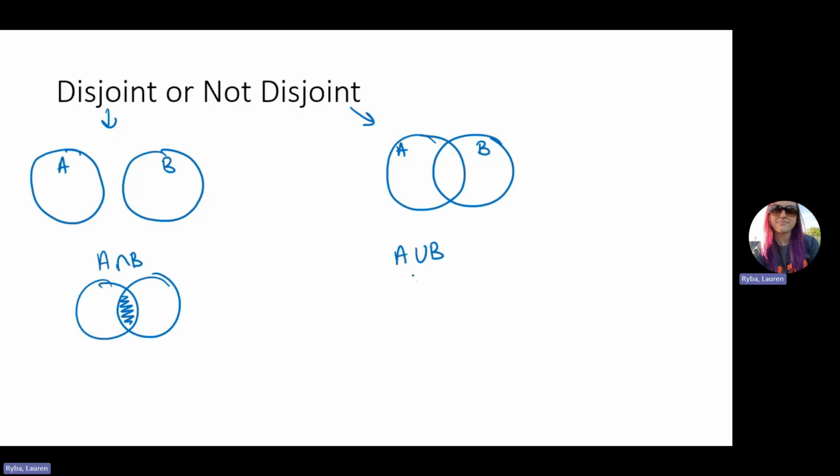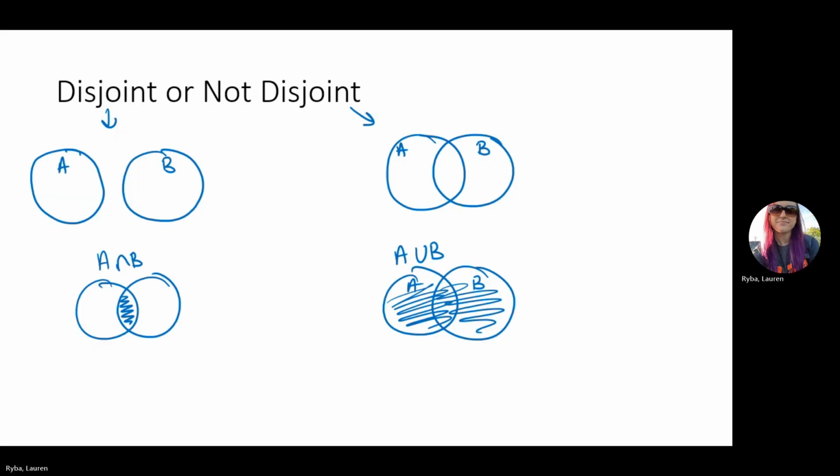A union B is anything in A, anything in the overlap, as well as anything in B. So anything contained in the circles. Okay, so remember, disjoint means no intersection. Not disjoint means they're going to have overlap or intersect.